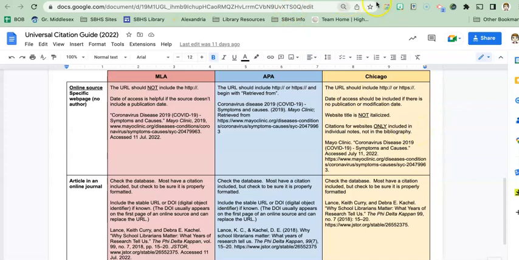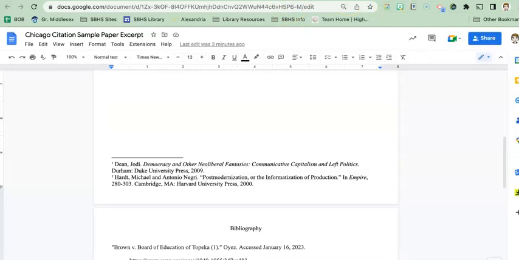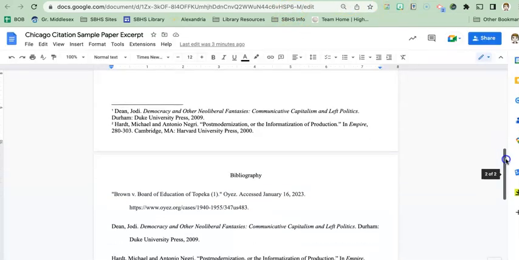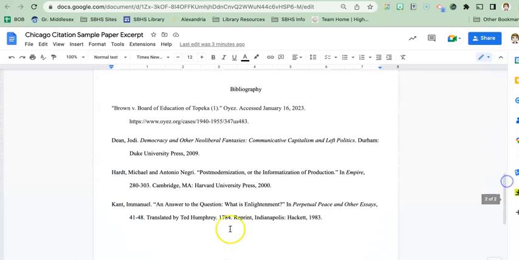Now, in the sample I gave you here, I included it. As a high school student, I think it's good practice to have all of your citations listed here. So you'll notice in my sample paper, I gave you Brown versus Board of Education and that OYA source among the print sources. The reason for that is when you get to college, there aren't that many websites that you will end up citing.